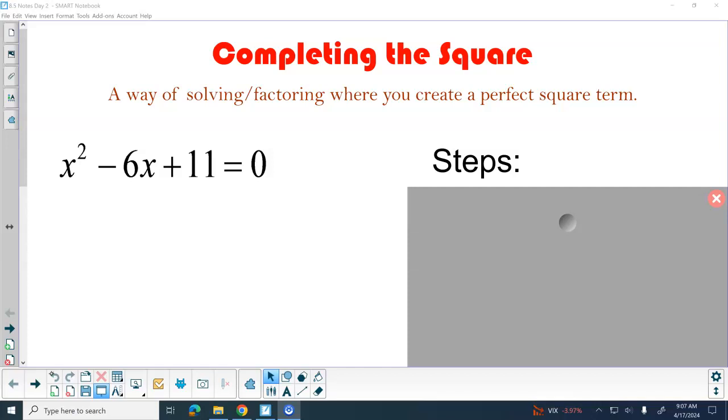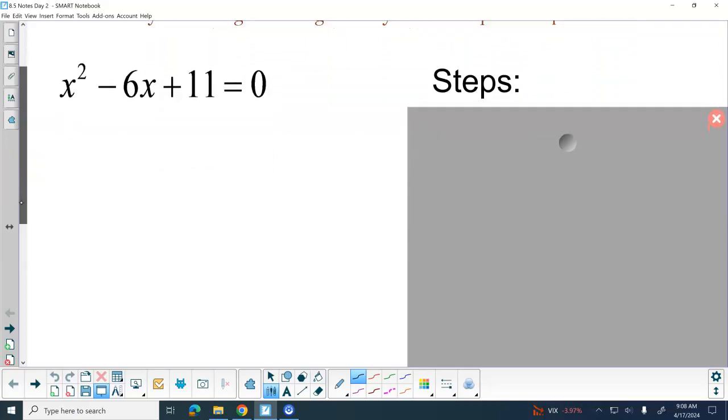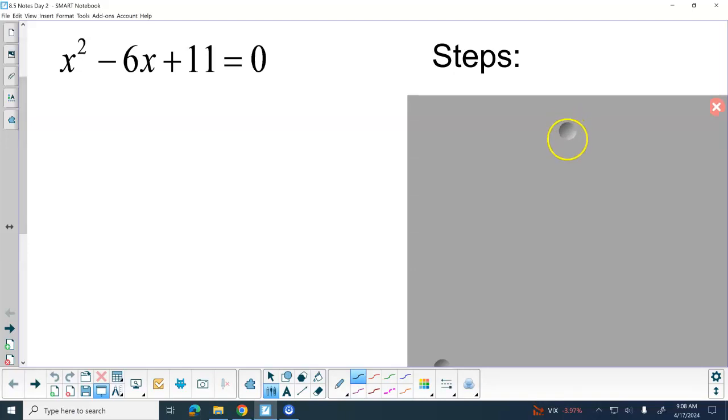This is a refresher from Algebra 2. There are a few different steps to complete the square. It's a way of solving that we're going to use as a way of rewriting. We're not necessarily going to use every single step, but we're going to show you every single step.